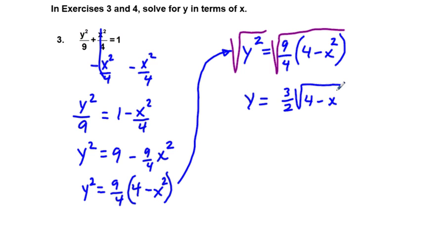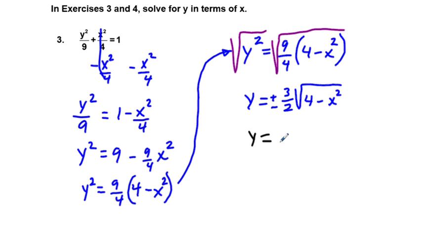Now, I will tell you that we took the square root, and so taking the square root of both sides, we're going to have plus or minus 3 halves. And what this is going to do is give us an ellipse with an upper half and a lower half. So this will be essentially two functions.